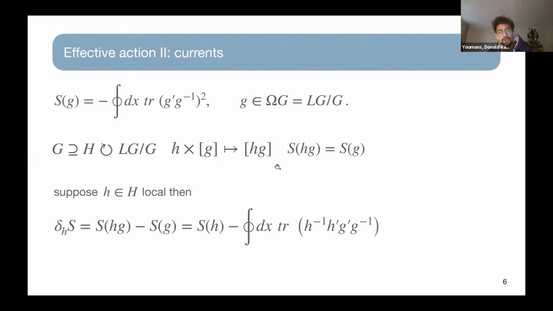And if we do so, we see that the change in the action under this multiplication actually gives a quadratic part. So this is just the energy functional for this element H. And something which is linear, which will define us the Noether current.